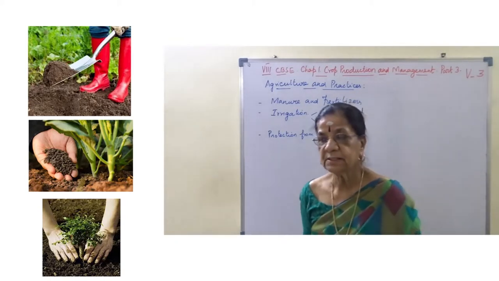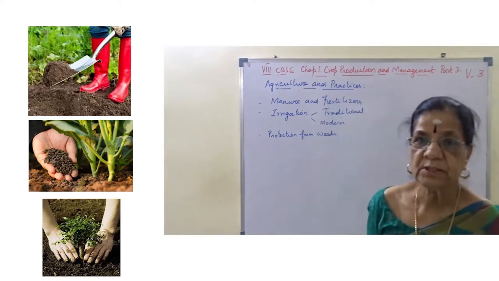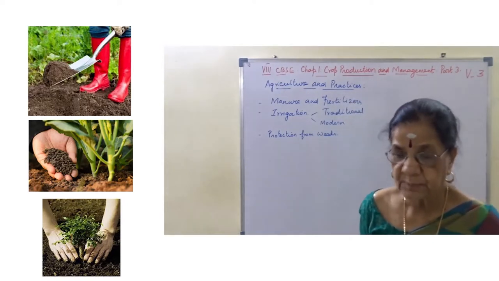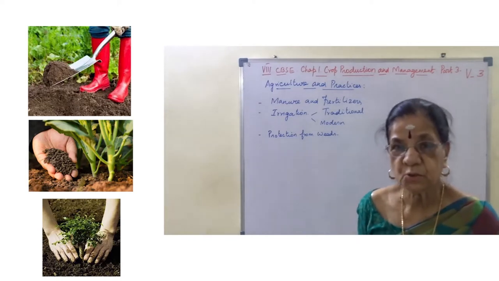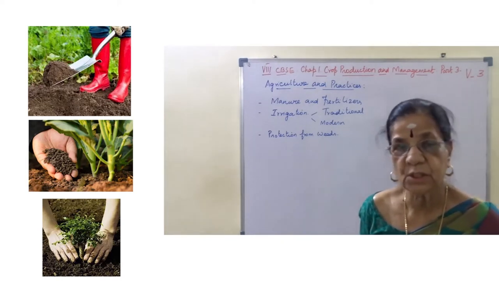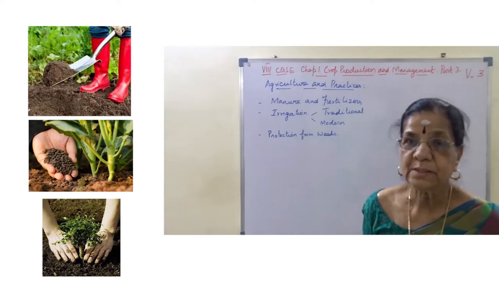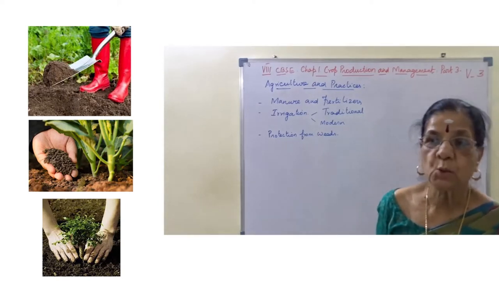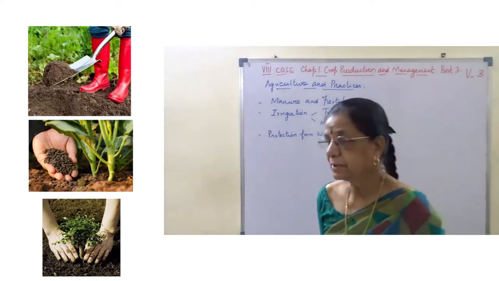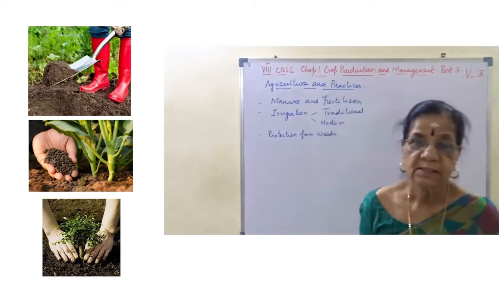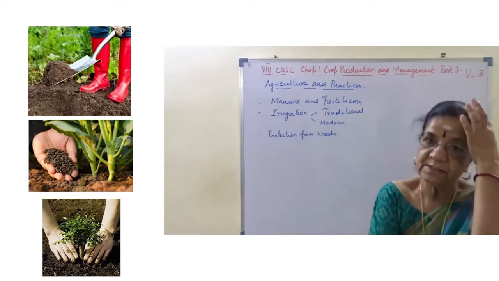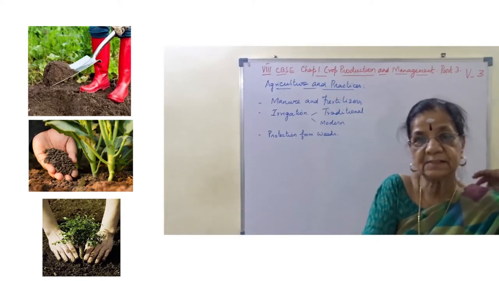So turning and loosening of the soil is plowing, which is done using 2 bulls with the plow, and the other one is the hoe, that is manvetti, and then the cultivator, that is tractor driven.